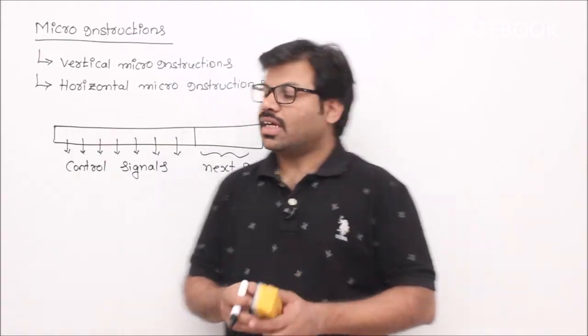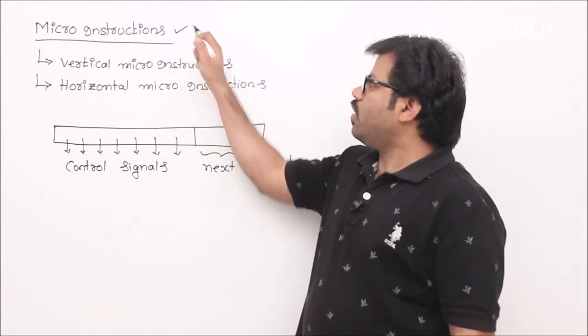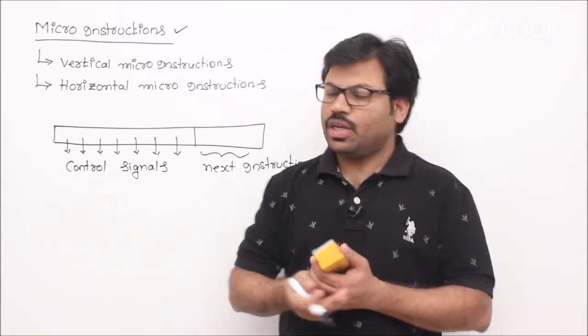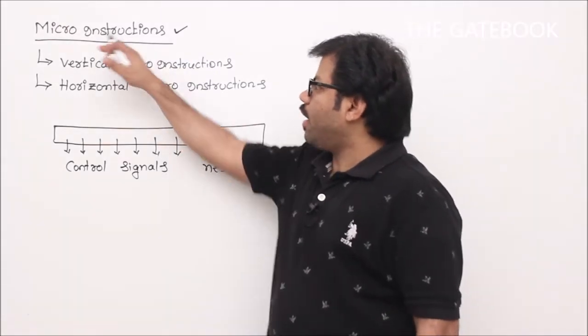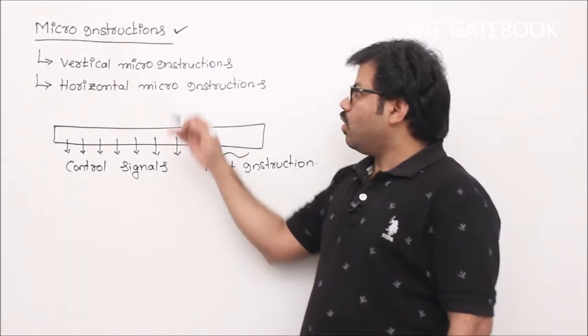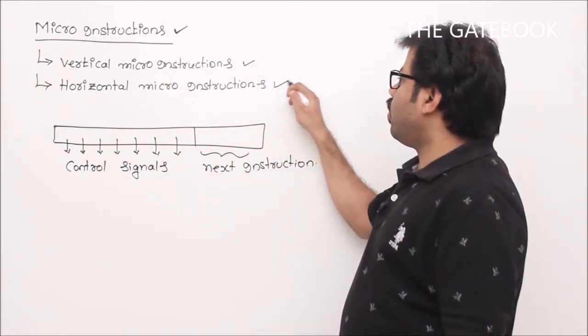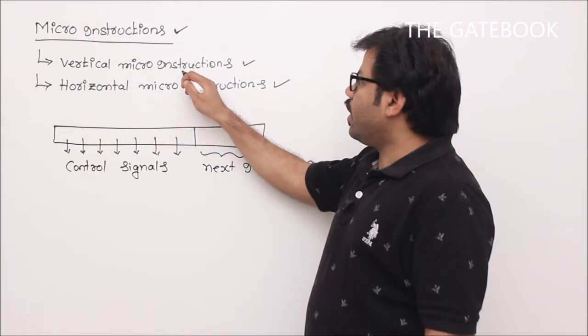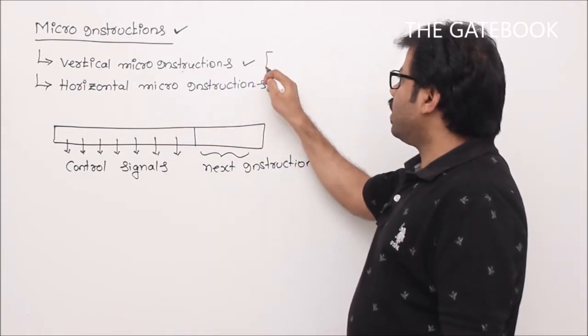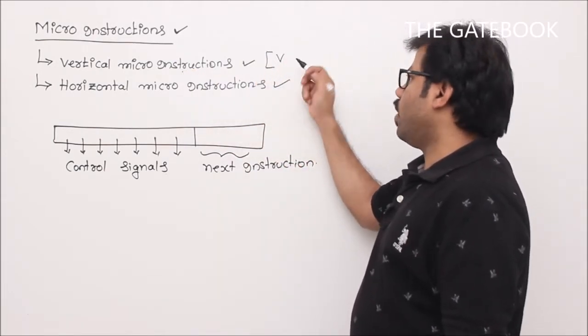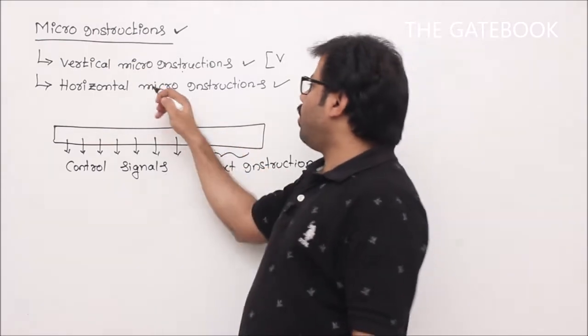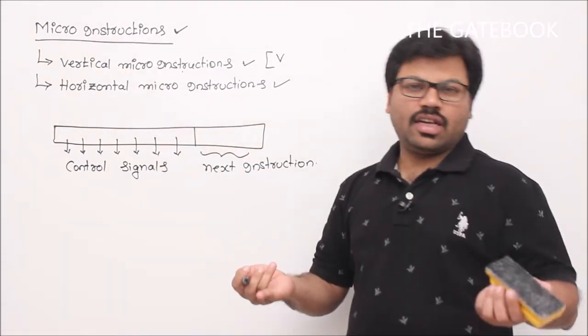Okay, so now we'll see the classification of micro instructions. Actually we can implement micro programming in two ways, based on the micro instruction type. One is vertical micro instructions, second one horizontal micro instructions. If you use vertical micro instructions, then we say that is vertical micro programming. If you use horizontal micro instructions, then we say that is horizontal micro programming.